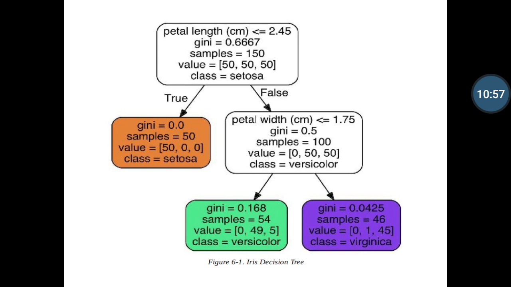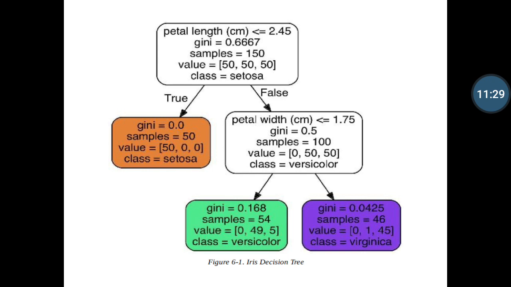As per the decision tree, I am defining a slide here. The values that are used in our code are such as petal length less than or equal to 2.45, gini is equal to 0.667, samples is equal to 150, and value is equal to 50, 50, 50, and class is equal to setosa.